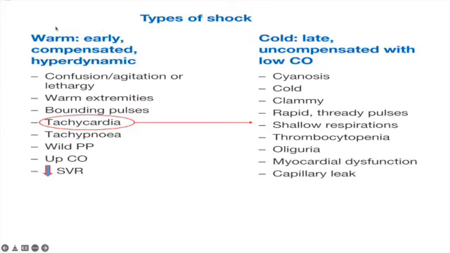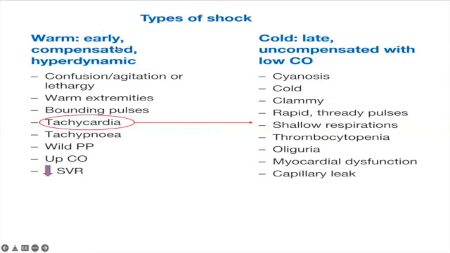But in case of warm shock, you will expect a normal cardiac function or hyperdynamic heart. But that's not the situation all the time, because you may get, based on your physical exam, evidence of warm shock, but there is depressed cardiac function, for which your choice of inotropes will not be accurate.